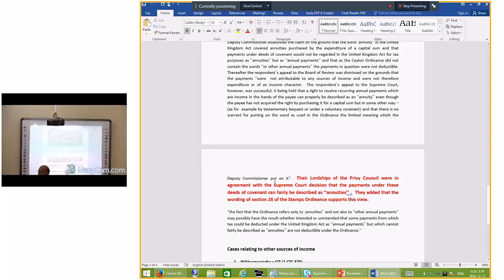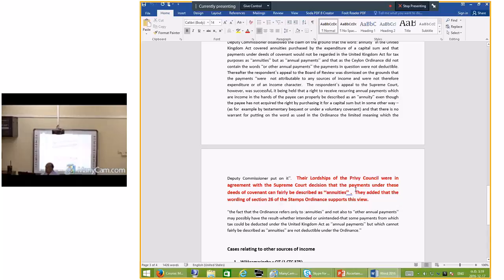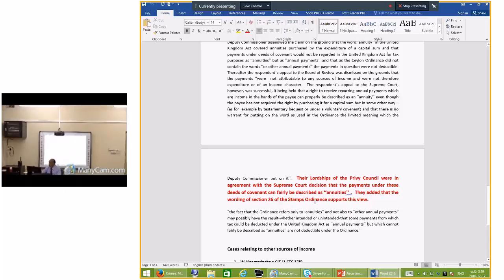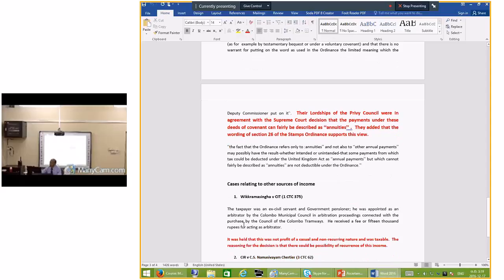So the Appeal Commission's view was upheld. Their Lordships of the Privy Council agreed with the Supreme Court decision that the payment under this deed can fairly be described as an annuity. They added that the wording of section 26 of the Stamp Ordinance and other facts were considered in deciding what is an annuity.